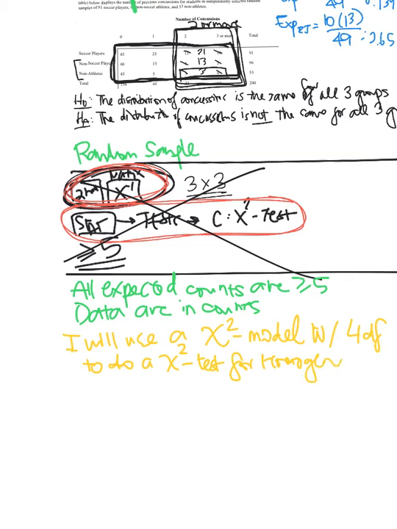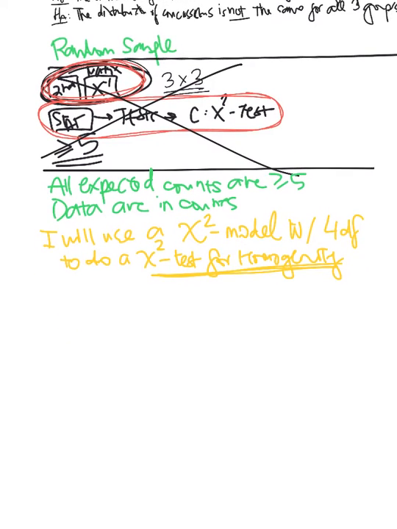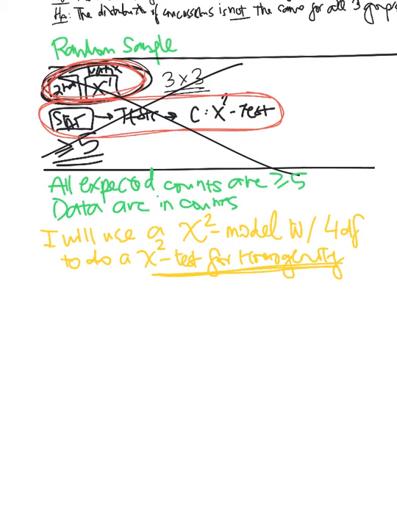All right. So chi-square test for homogeneity. Okay, and now we can go back to stat, test, letter C, chi-square test. Don't do anything in there, just go ahead and press calculate, and that will get you your chi-square and your p-value.